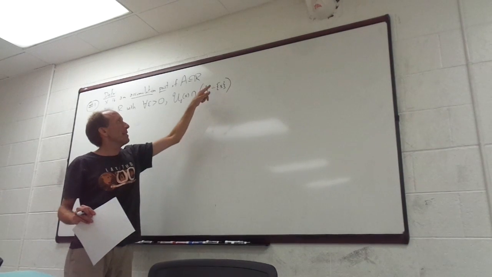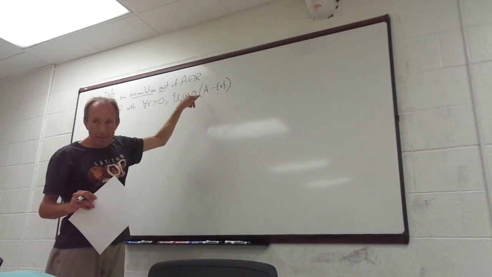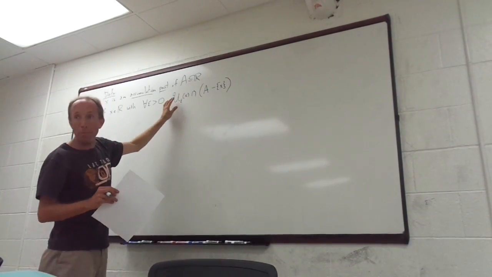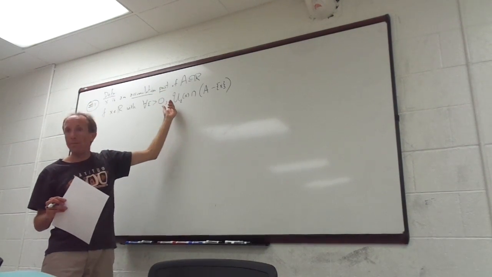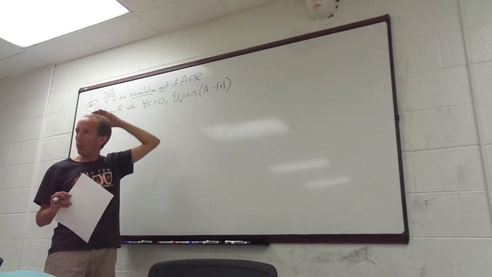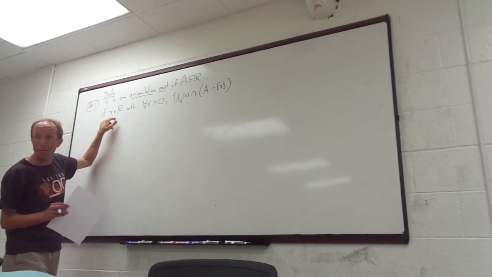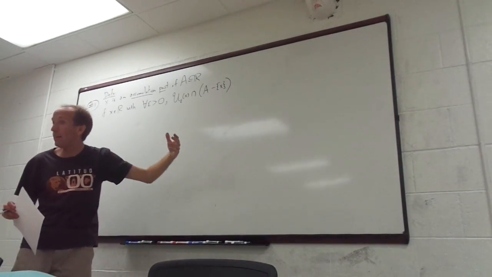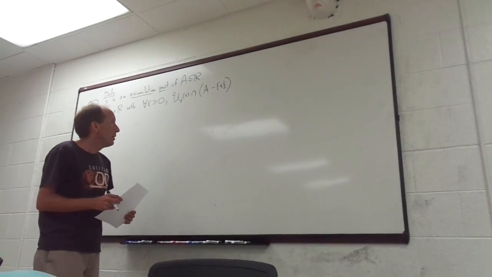But if X is in A, then you take it out of A before you compare it with the neighborhood, right? And so X is a real number, it may or may not be in the set A. Okay, so we know that.